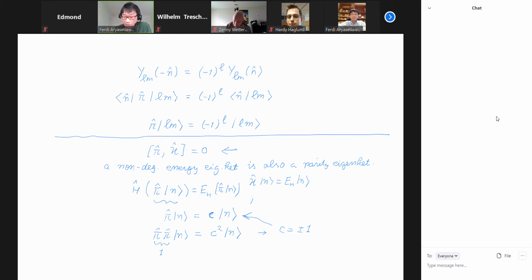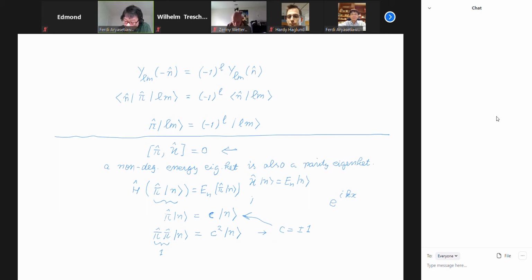So the fact that the state is non-degenerate is important, because if the state is degenerate, so if you have several states which are degenerate, then it is not necessarily the case that the states have definite parity. So a simple example of this, I think I give in the notes here. It's a plane wave. Let's say in one dimension, it will be just e to the ikx, so a free particle.